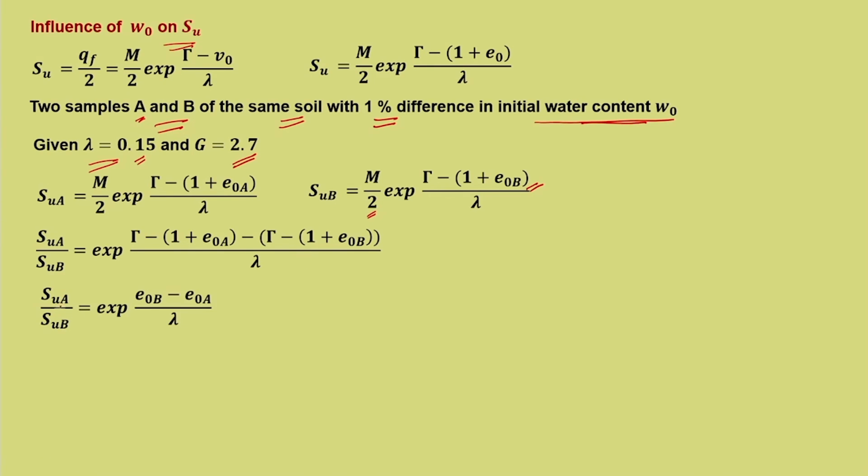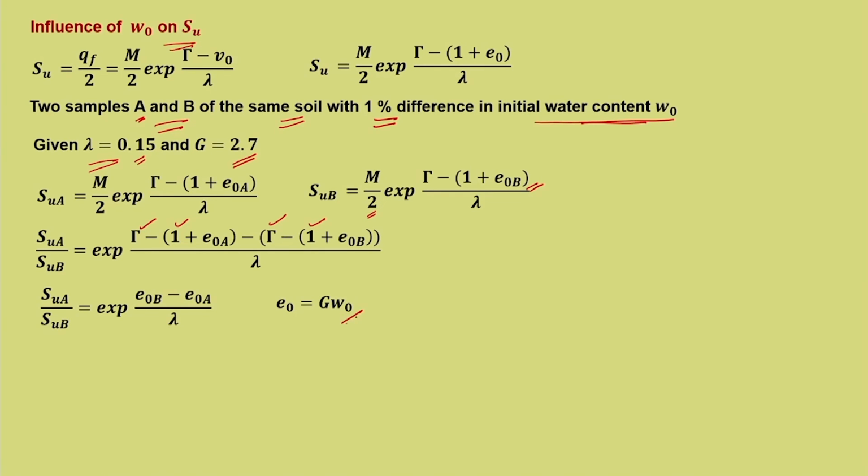So, here you have SUA by SUB is equal to exp of E naught B minus E naught A upon lambda. Why? Because the 1 gets cancelled off, it will be E naught B minus of minus, so that will be plus E naught B minus E naught A upon lambda.